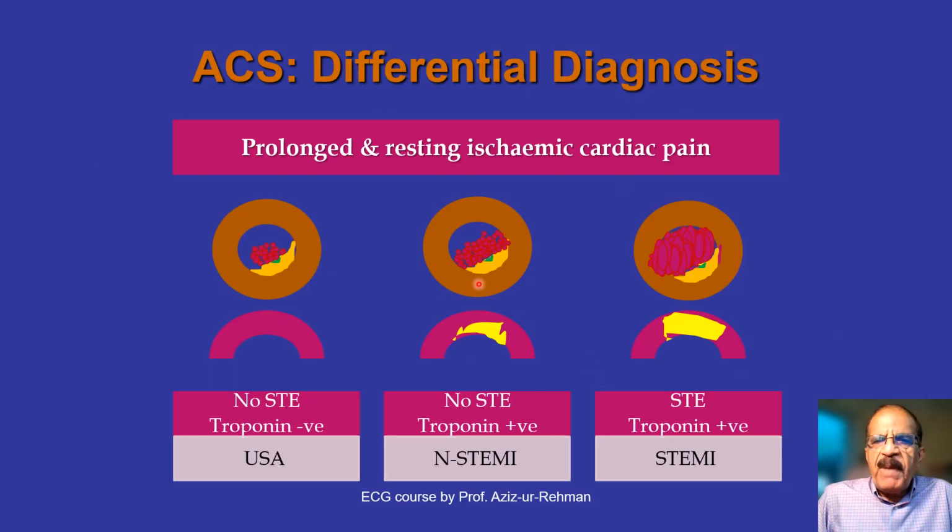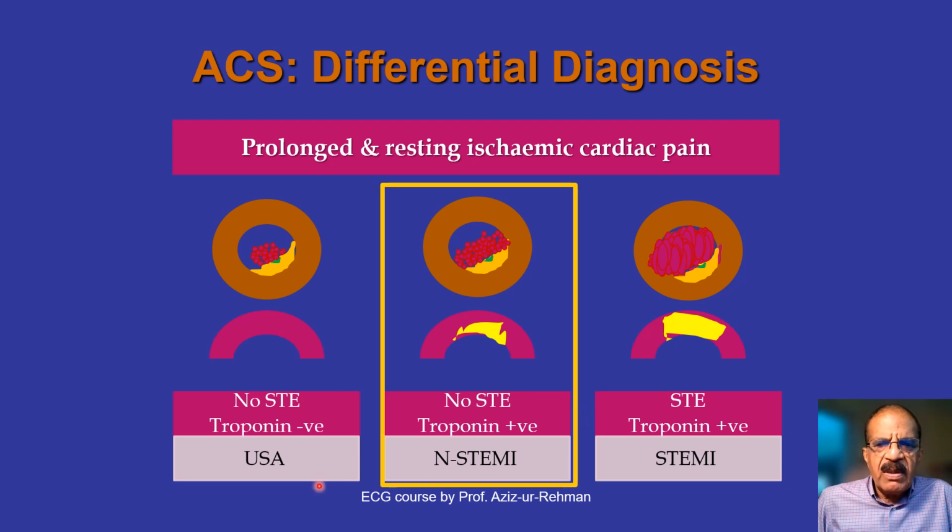So this is the pathogenesis of acute coronary syndrome I highlighted earlier, but in this case, our focus will be on this variety. There is atheroma, there is rupture, there is formation of clot, but the clot is neither completely occlusive nor minimal.